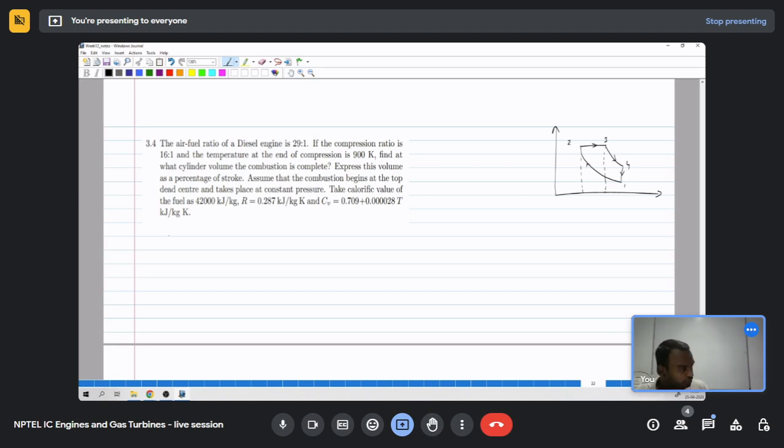So we know only the Cv expression is given, and we have to find the expression for Cp. Cp is Cv plus R, and the value of R is given as 0.287, and Cv is 0.709 plus 0.000028 T. With this we can calculate Cp, that is 0.996 plus 2.8 into 10 power minus 5 T.